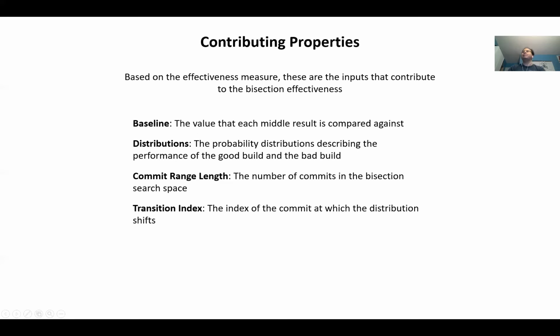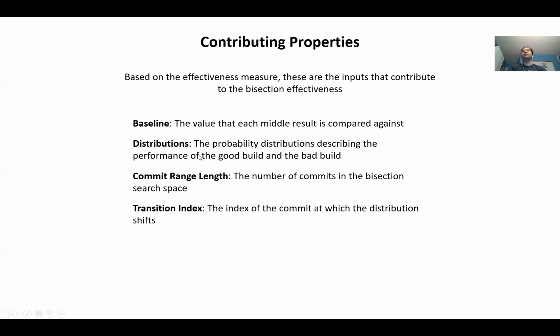If you remember the example where we had 2.5 versus 4, the baseline we used was 3 seconds. All the results in the middle commits that we gather are compared with the baseline to see which path we take. So the baseline is one of the properties that contribute to the effectiveness.